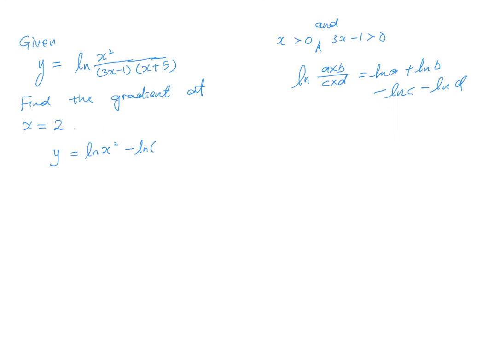Shini? Minus ln 3x squared. No, you don't expand. Don't expand. You take this, this is your C. This is your D. Never expand, please. 3x minus 1. Right?